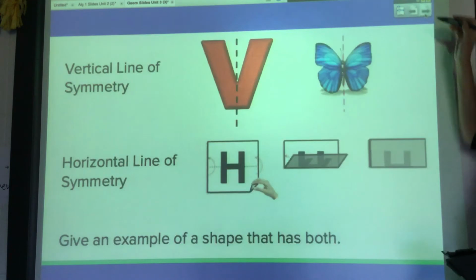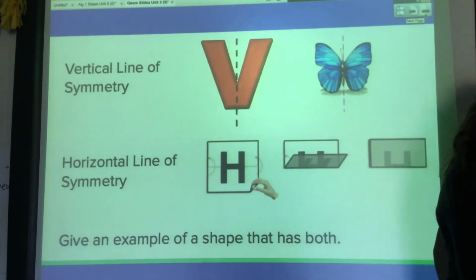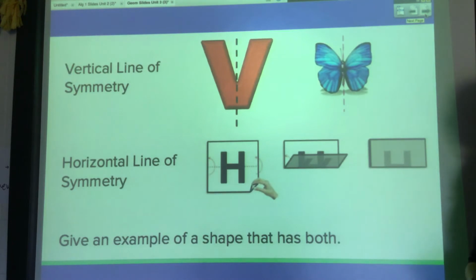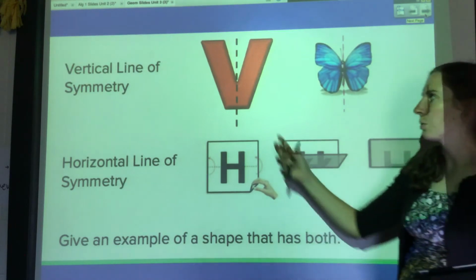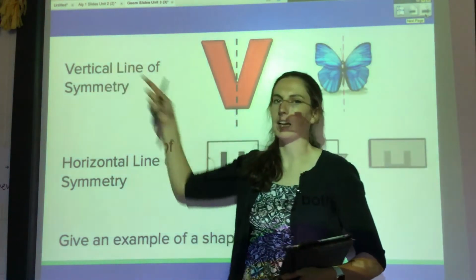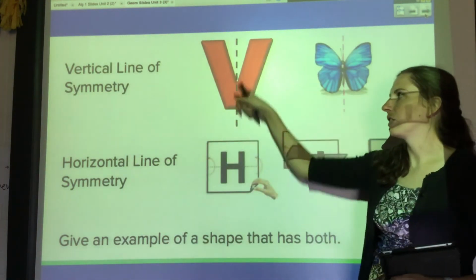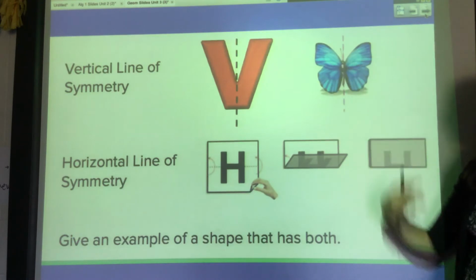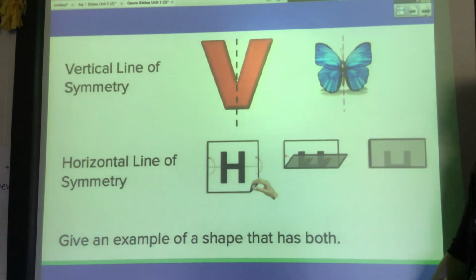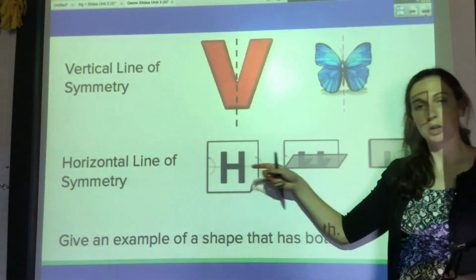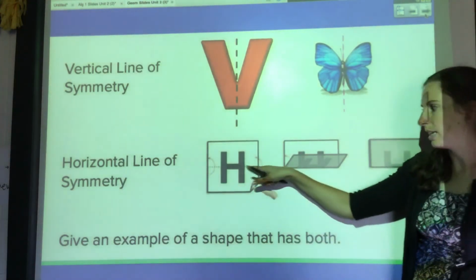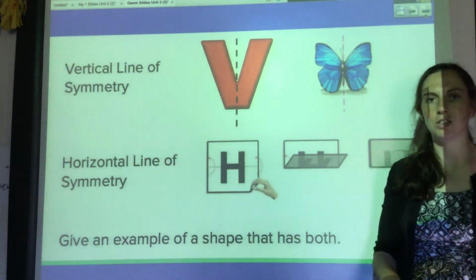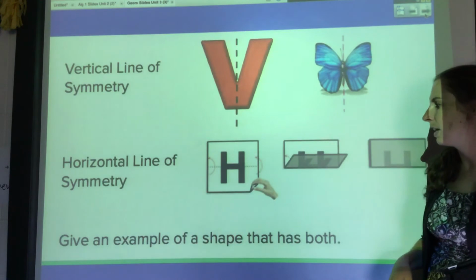All right, so let's talk about a few different types of lines of symmetry. So like the letter V has what we would call a vertical line of symmetry because the line of symmetry is literally vertical. Or a butterfly has a vertical line of symmetry. The letter H has horizontal symmetry, which means I could have literally a horizontal line of symmetry.